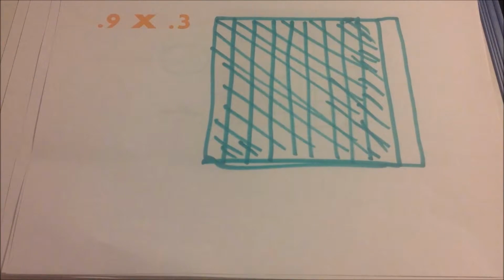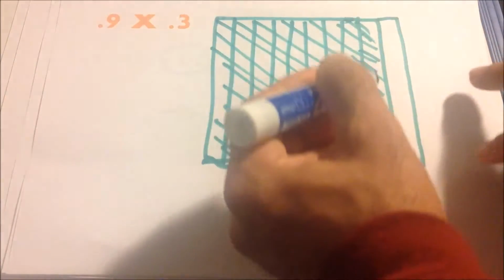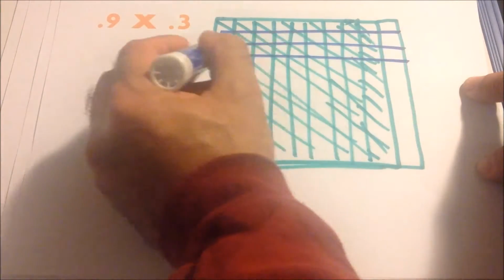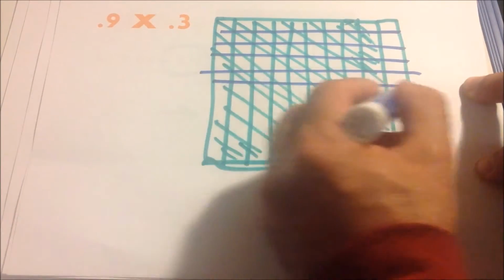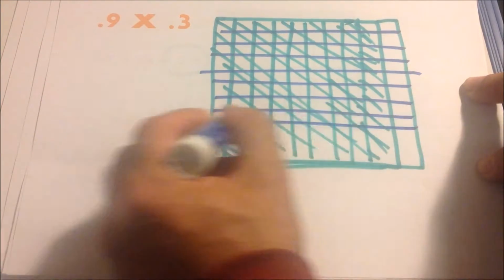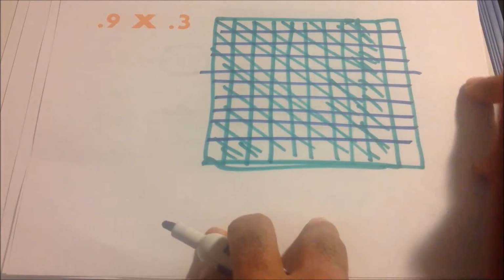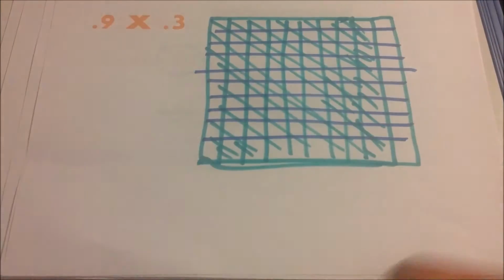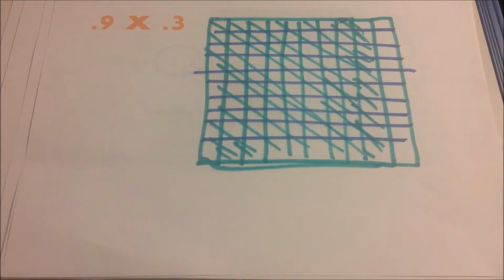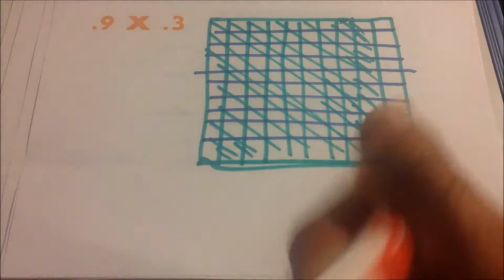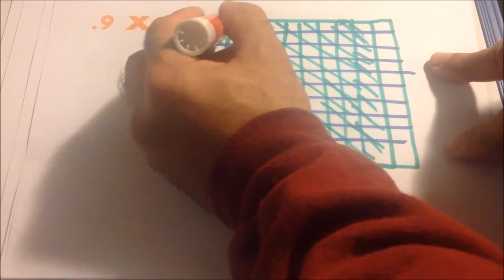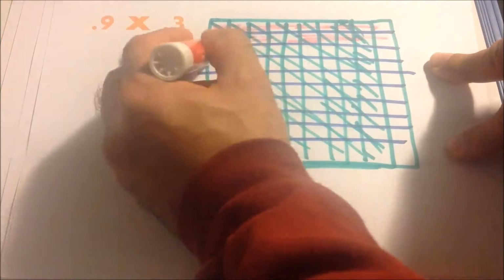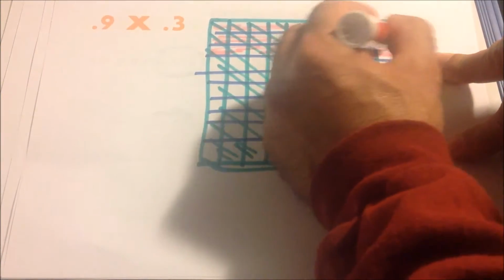Since we already did up and down, now we have to go left and right. 10 boxes. 1, 2, 3, 4, 5, 6, 7, 8, 9. There's our 10. Now we want to fill in 3 of these 10 boxes going left to right. Again, we want a different color. I'll use red. If I fill in these here, 1, 2, there we go, there's 3.